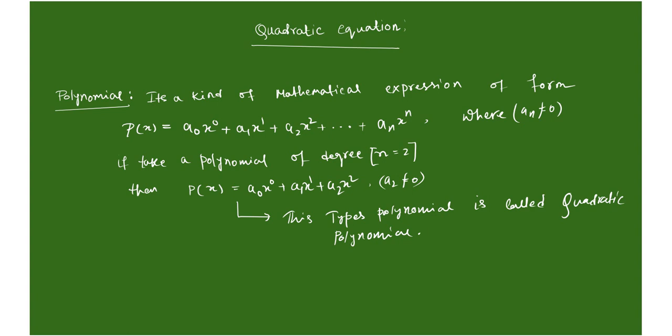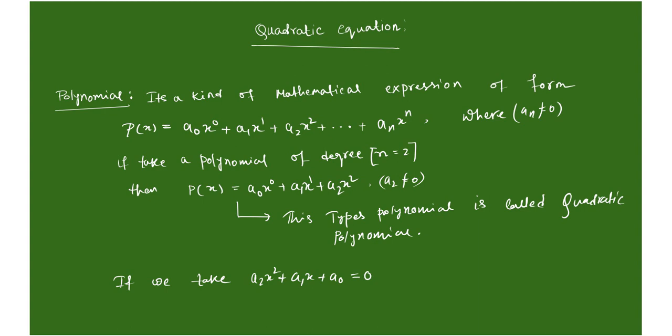Now if we take a2 x squared plus a1 x plus a0 equal to 0, it means I took p(x) equal to 0.